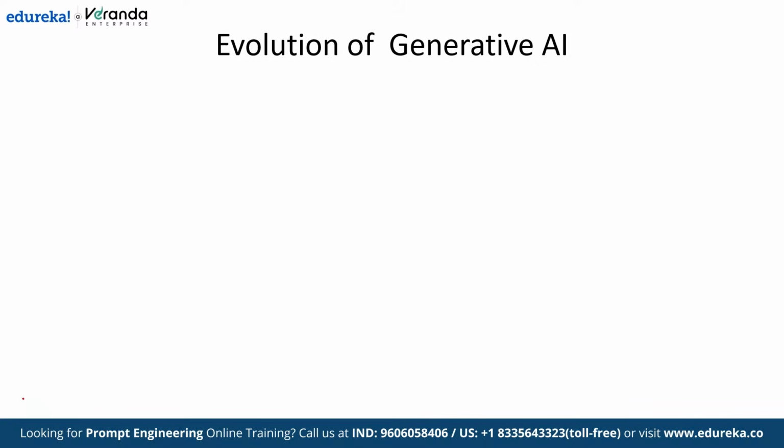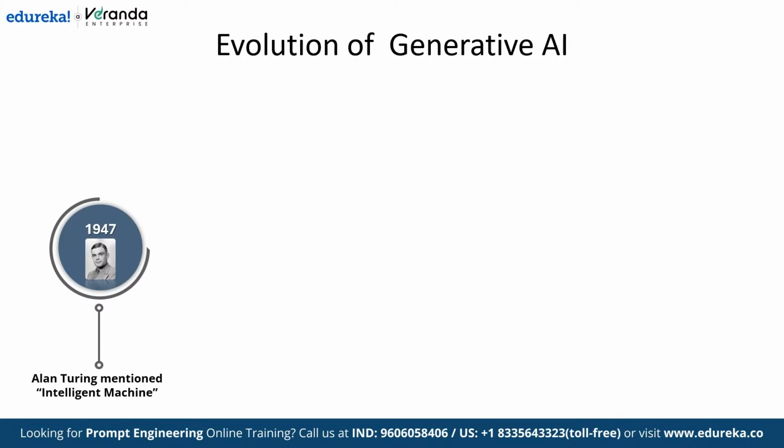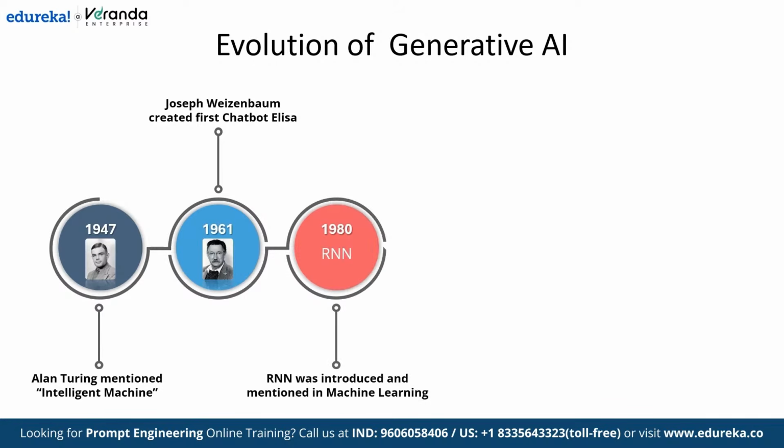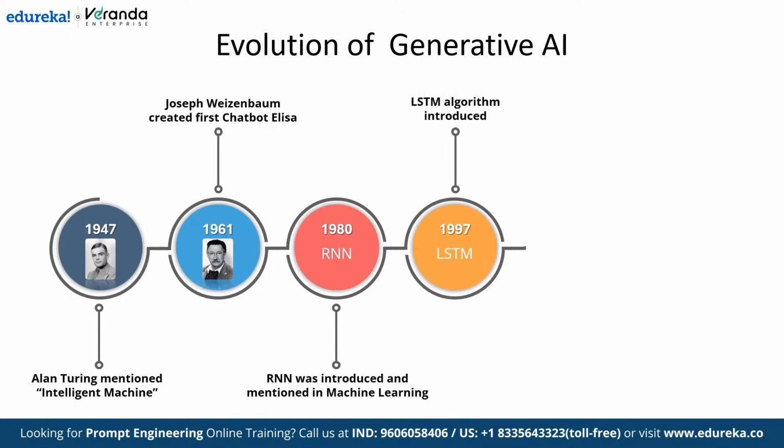Now that we have seen the applications, let's step back and look at the journey that brought us here. Basically, our journey starts in 1947 with Alan Turing's concept of intelligent machines. By 1961, Joseph Weizenbaum introduced ELIZA, the first chatbot. The 1980s saw the birth of recurrent neural networks, while 1997 brought long short-term memory networks to tackle sequential data.